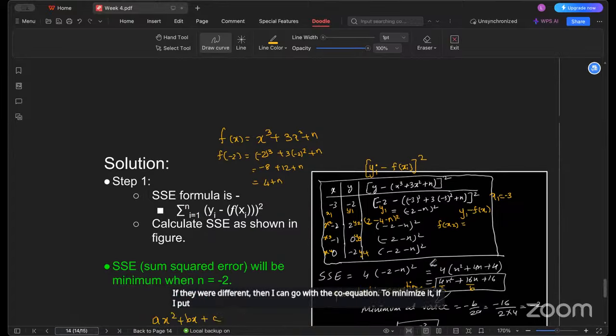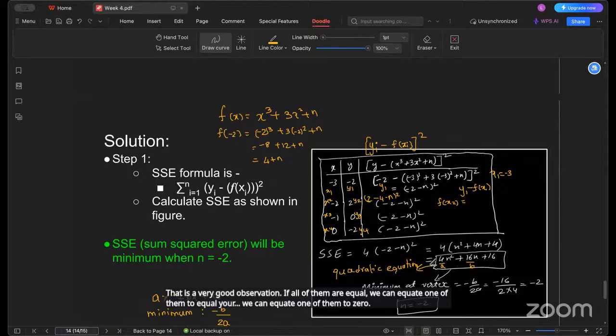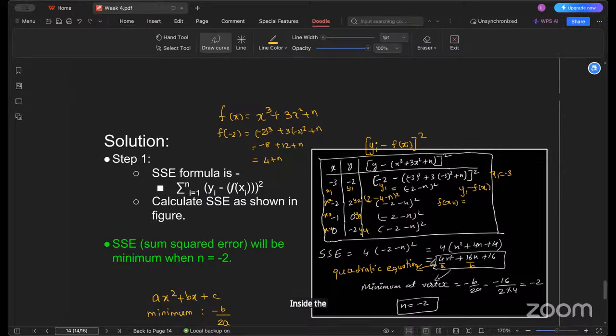Since they are all equal, I put it equal to 0 and I get n is equal to minus 2, provided there is no variation in the numbers. That's a very good observation. If all of them are equal, we can equate one of them to 0, the one inside the square. Yes, that is correct.